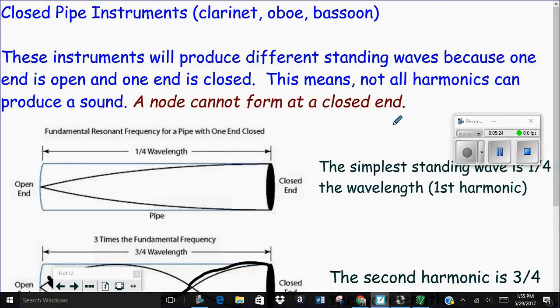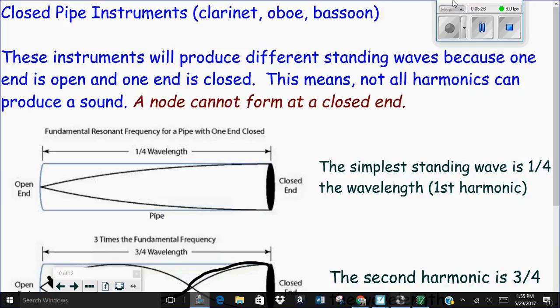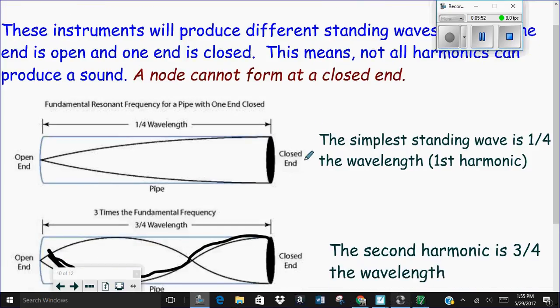Now, what about closed pipe instruments? Closed pipe instruments are instruments such as clarinets, oboes, and bassoons. These instruments will produce different standing waves because one end is open and one end is closed. Since you've got an open and a closed end and you can't form a node at a closed end, you can only have quarter wavelength increments inside of your tube.